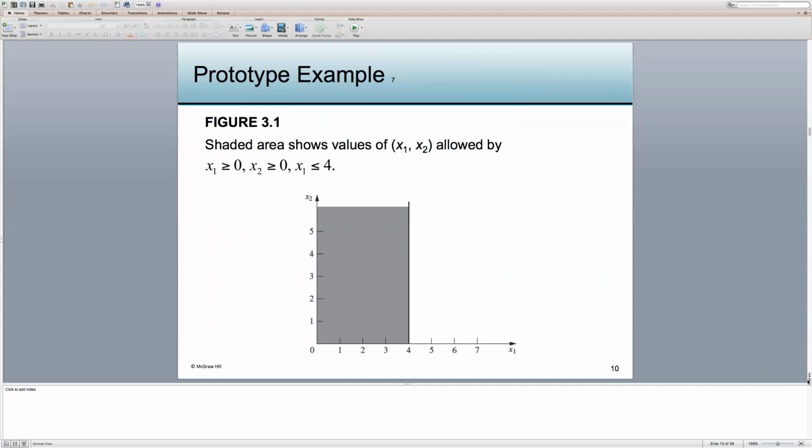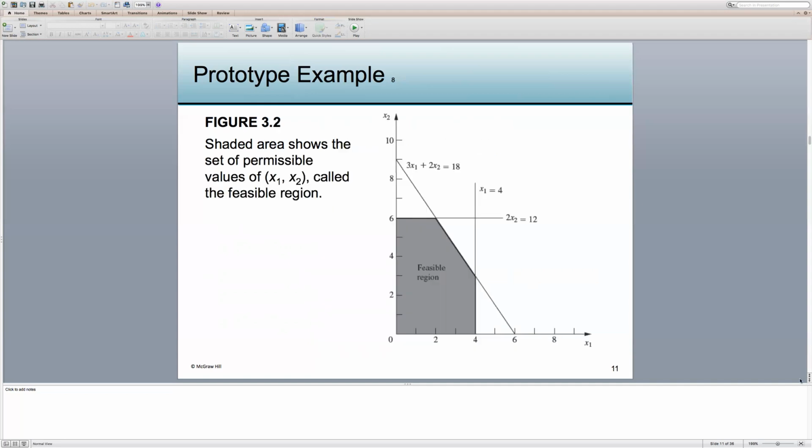But they're not the only constraints. We also have the constraint 2x2 less than or equal to 12. So x2 is less than or equal to 6. If you draw the horizontal line x2 equals 6, we're looking at everything in this rectangle.